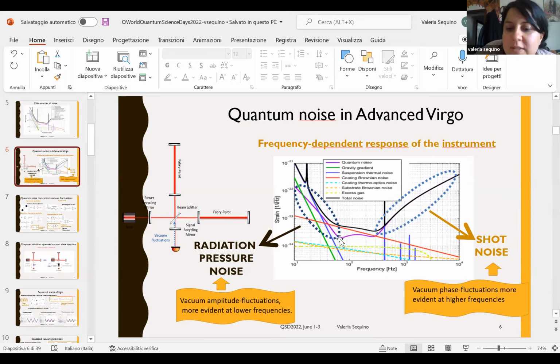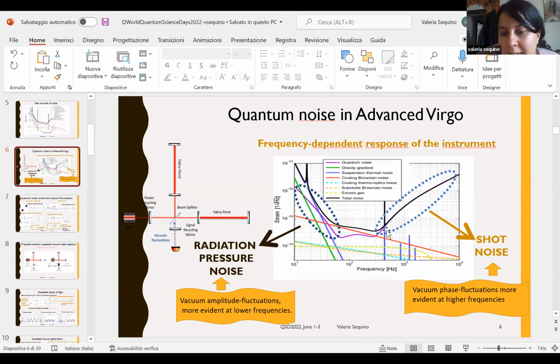Then one has to expect a flat shot noise, while the radiation pressure noise goes as one over the frequency, inversely proportional to the frequency.